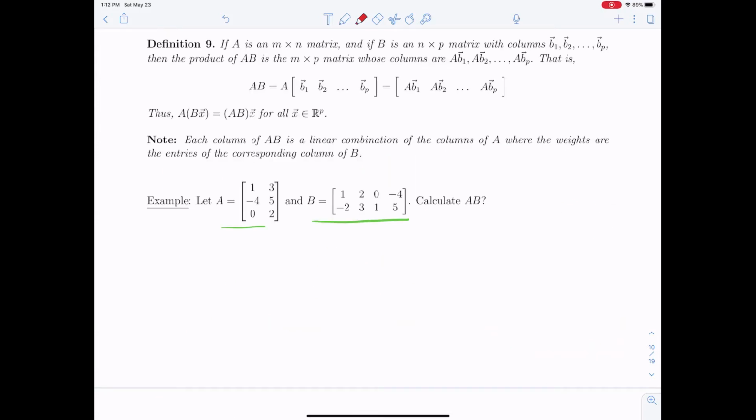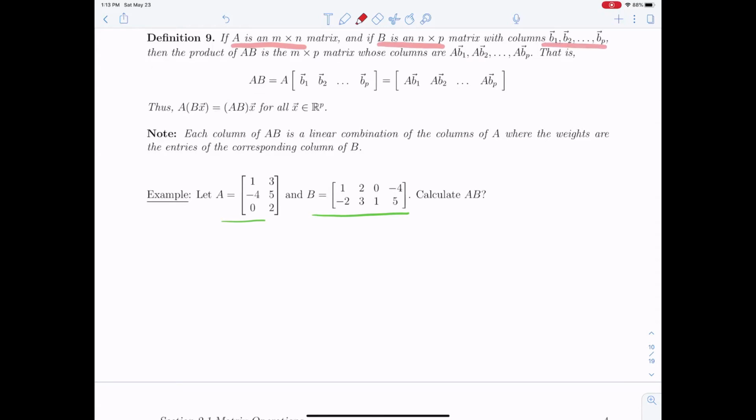So let's talk about the algebraic definition of matrix multiplication. Suppose that A is an m by n matrix, and B is an n by p matrix with columns b sub 1 through b sub p. Then the product AB is an m by p matrix whose columns are Ab1 through Abp.